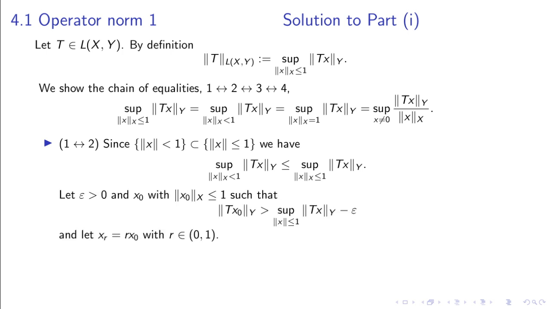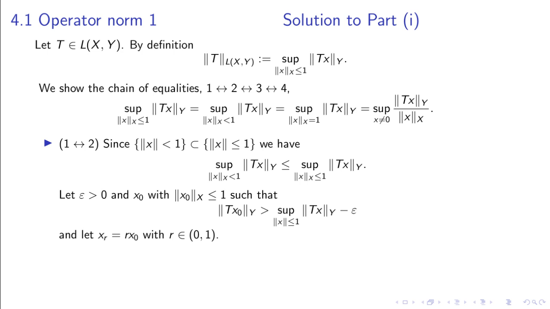Fix an arbitrary epsilon greater than 0. By the definition of the supremum over the closed unit ball, we can choose a point x0 in X with ‖x0‖_X less than or equal to 1, such that the norm of Tx0 is within epsilon of this supremum.